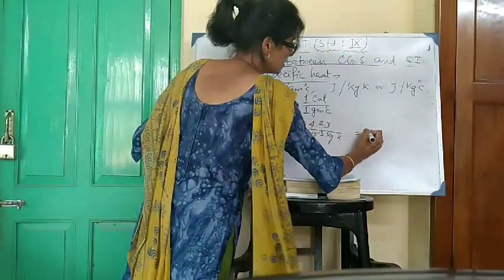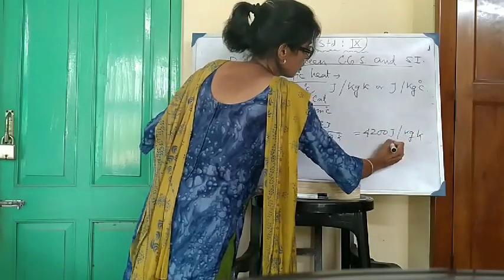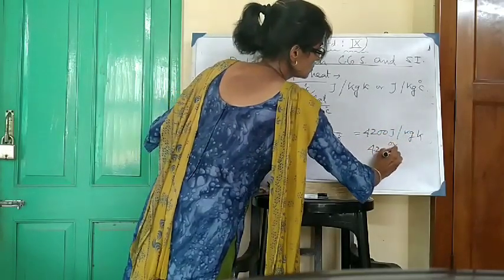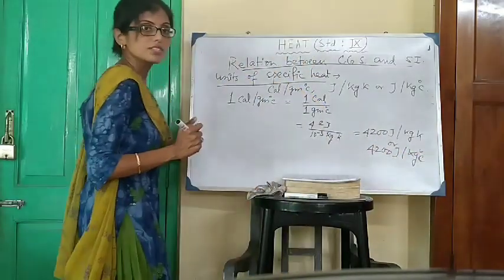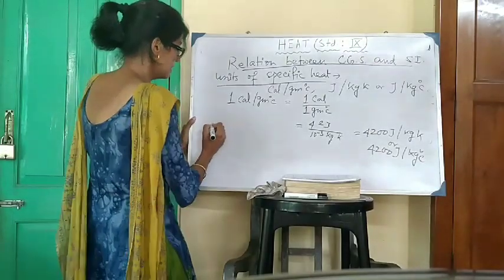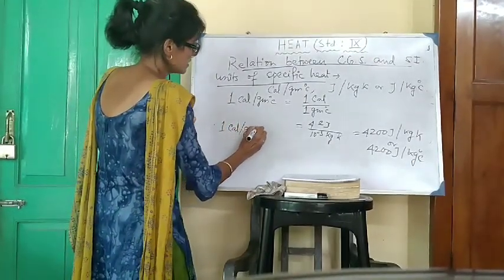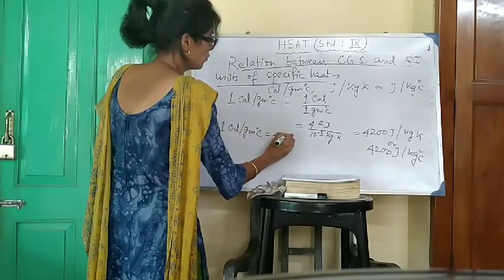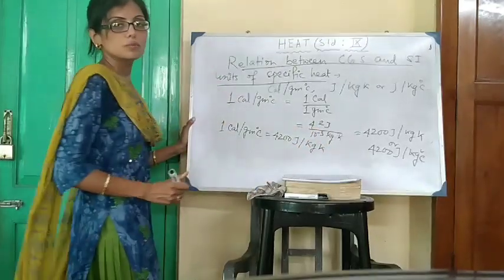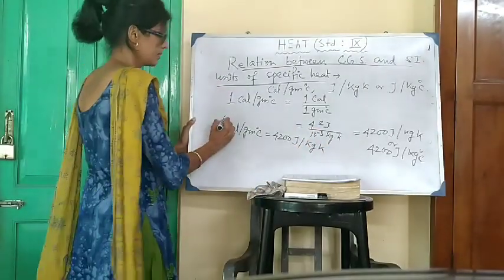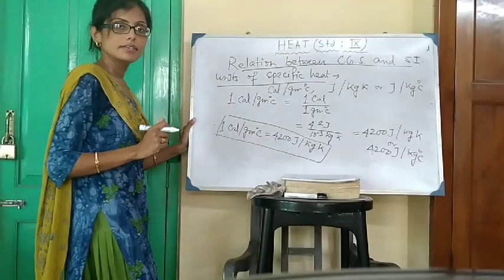So the value will be 4200 joule per kg Kelvin or 4200 joule per kg degree Celsius. This is the required relation. Therefore, 1 calorie per gram degree Celsius is equal to 4200 joule per kg Kelvin or joule per kg degree Celsius.